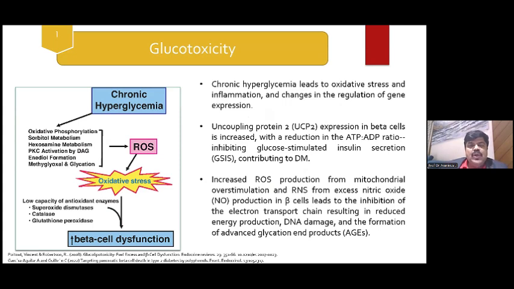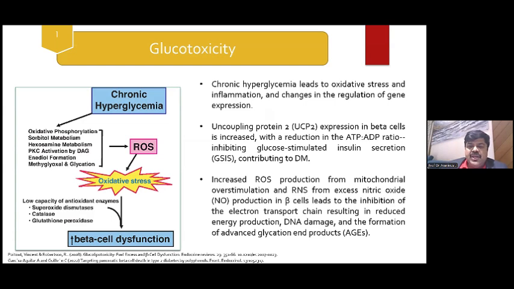You can see the chronic hyperglycemia leads to oxidative stress and inflammation and changes in the regulation of gene expression. The uncoupling protein 2 expression in beta cells is increased with the reduction in the ATP/ADP ratio, inhibiting glucose stimulated insulin secretion, contributing to diabetes mellitus.